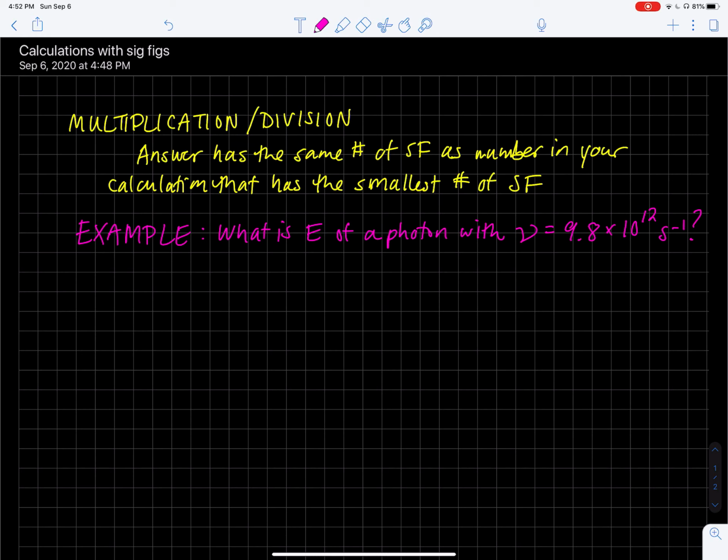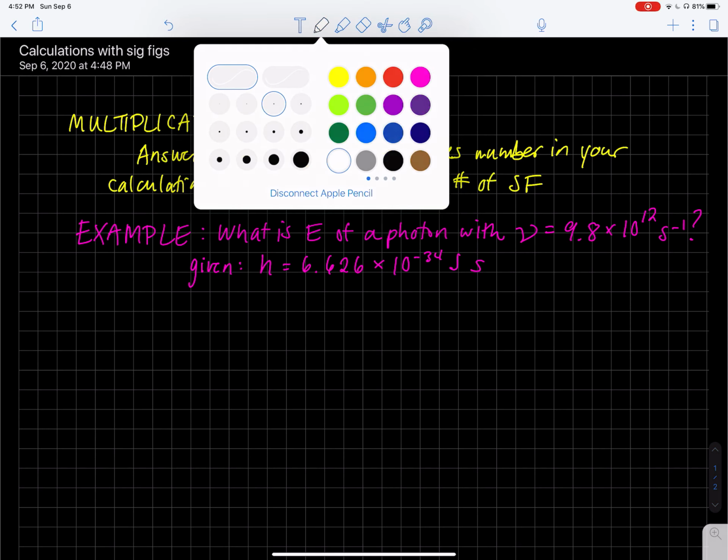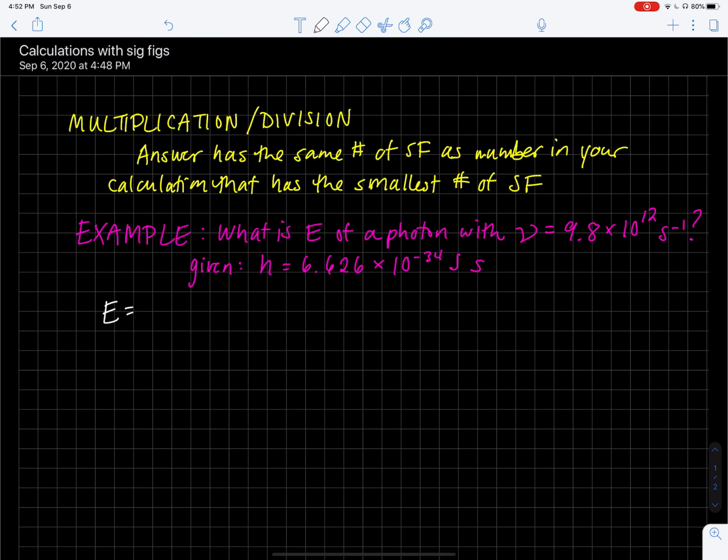Okay, and given is that Planck's constant h is 6.626 times 10 to the minus 34 joule seconds.